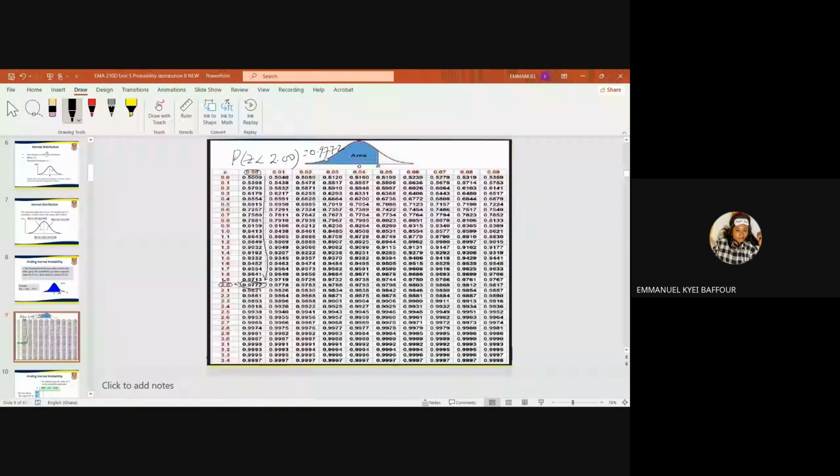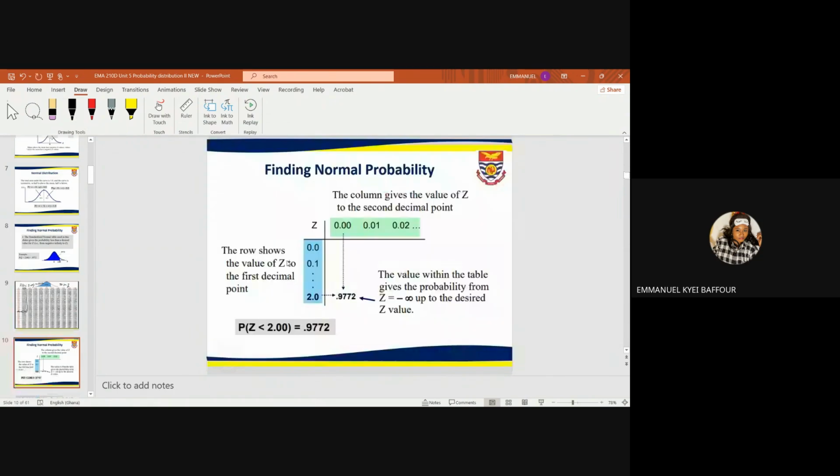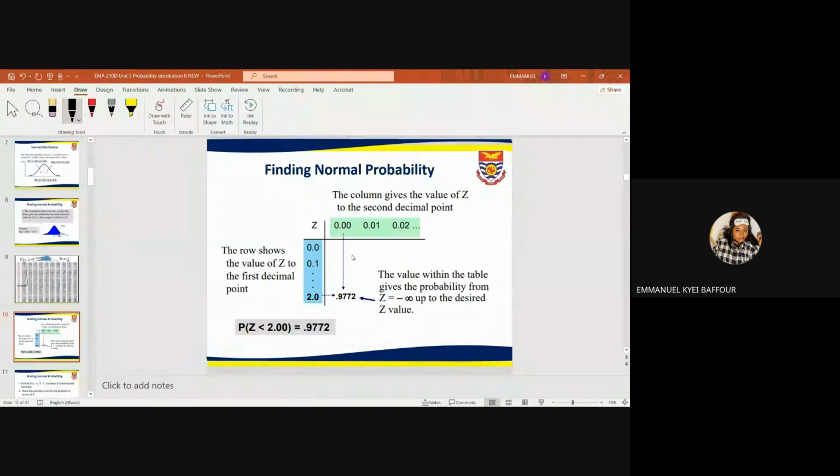If you convert it to percentage terms, you can say about 97.72% of the scores will be less than 2.0. So this is an illustration of how to read the values on the Z distribution.